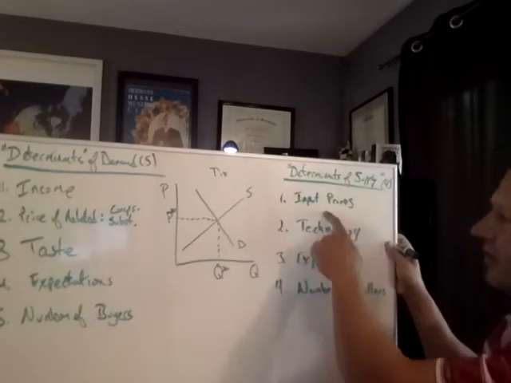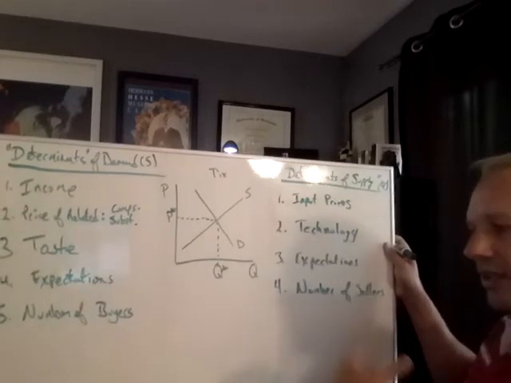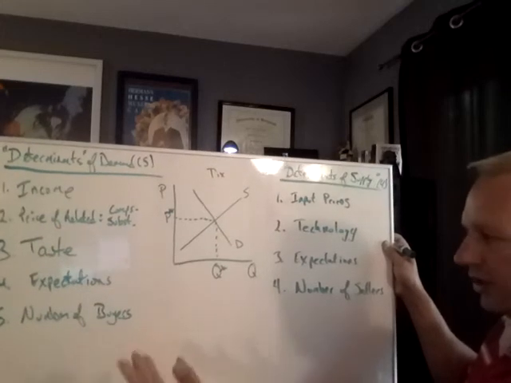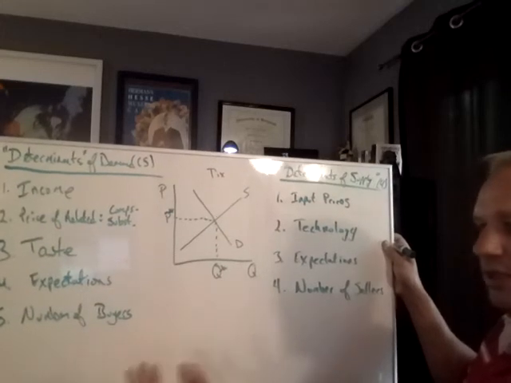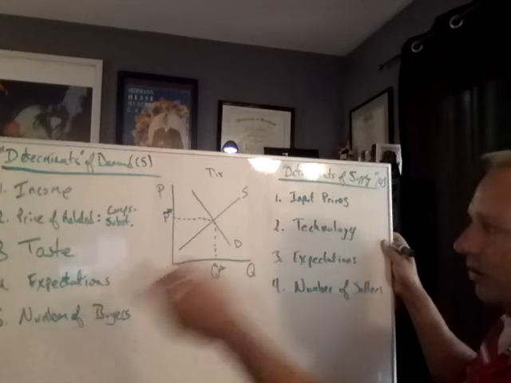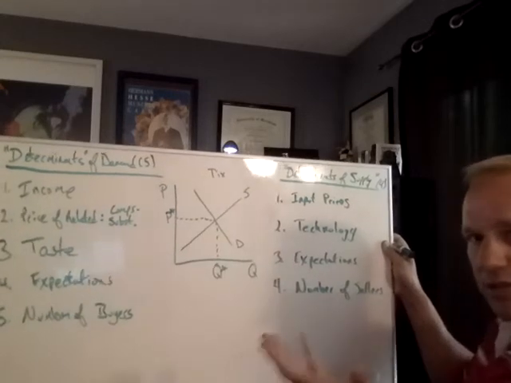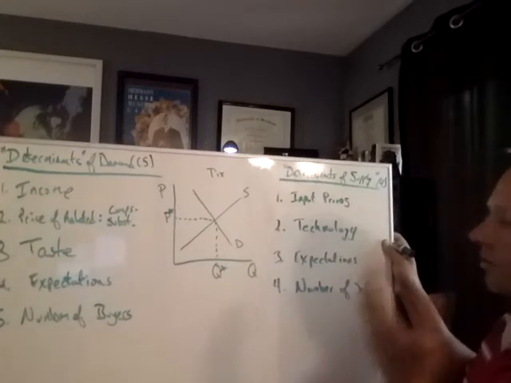That's input prices. Because an input to getting people where they're going when they buy tickets is that airline fuel, right? So cheaper airline fuel is a lower input price. That means for any price the sellers can get, they're willing or able to sell more tickets. And so we're talking about an increase in supply.